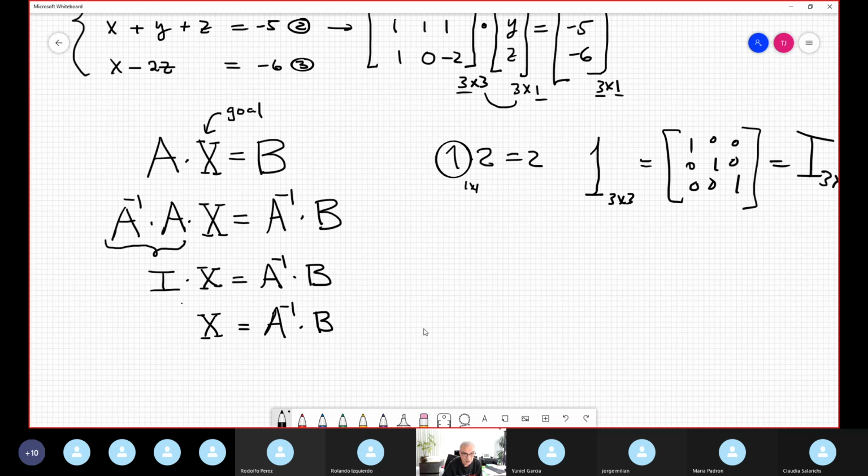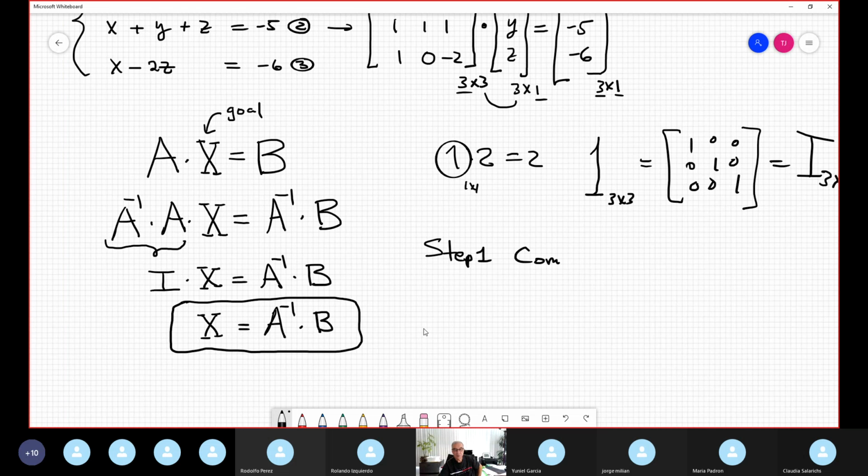So the only thing I need to do for solving the system is, step 1, compute the inverse matrix. And step 2, multiply the inverse matrix times B. Remember, B is the column vector formed by the right hand side.